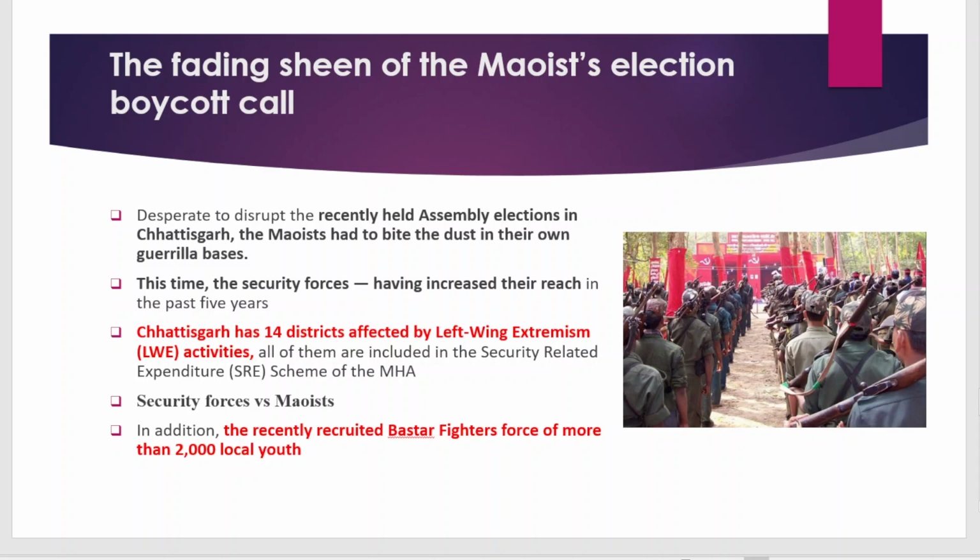It can be related to left wing extremism, Maoism, extremism, all of that. Why have we taken some context?